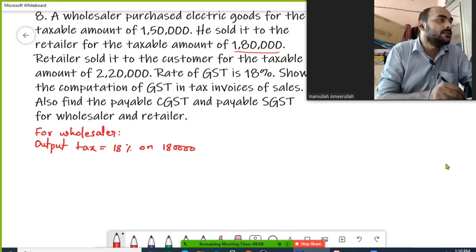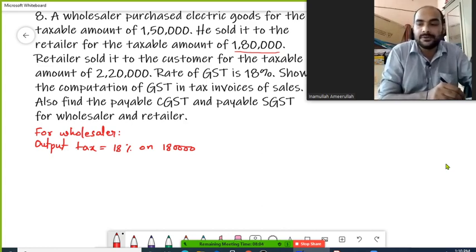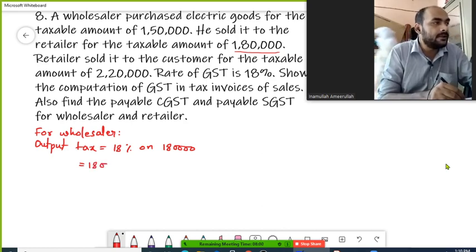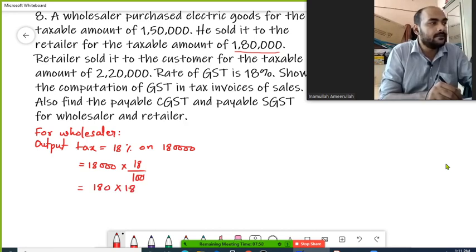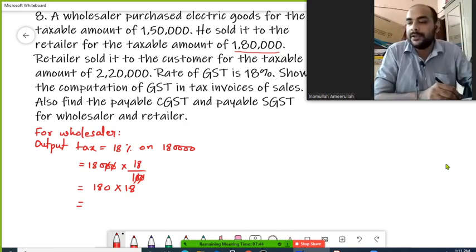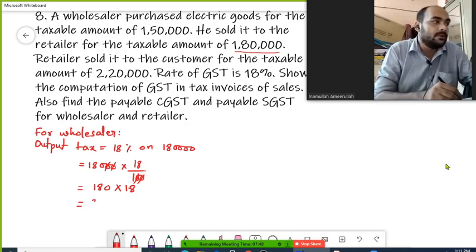So we're going to calculate 18% on it. So this can be calculated as 1,80,000 into 18 upon 100. So this would be 1,800 into 18. 180 into 18 will give me 32,400.